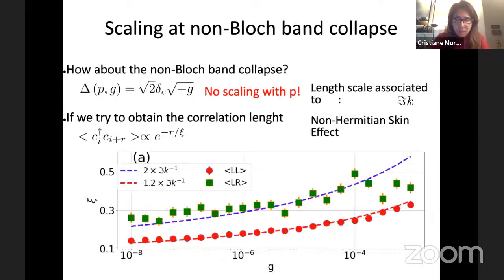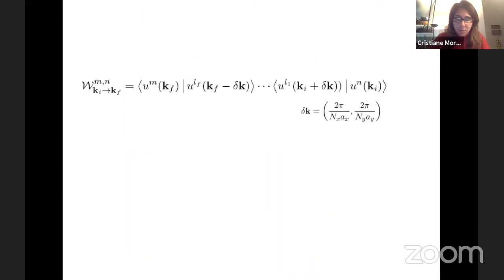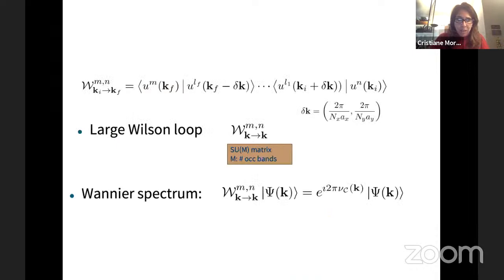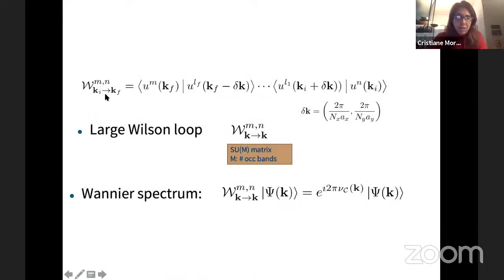Yeah, there is more, but let me just go to the question that we had in the beginning, because I promised I would show how the Wannier spectrum is constructed. So you will construct the Wilson loop in that way by going from the overlaps of the u_{n,k} with plus delta k up to the k minus delta k. You will close your large Wilson loop.